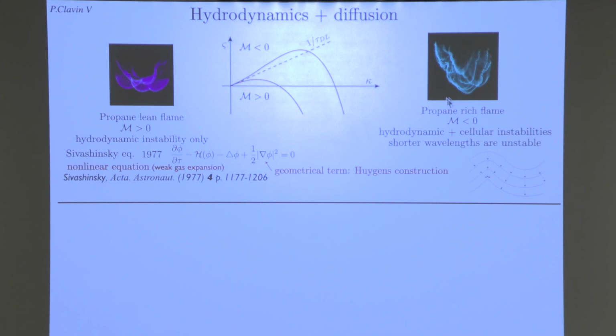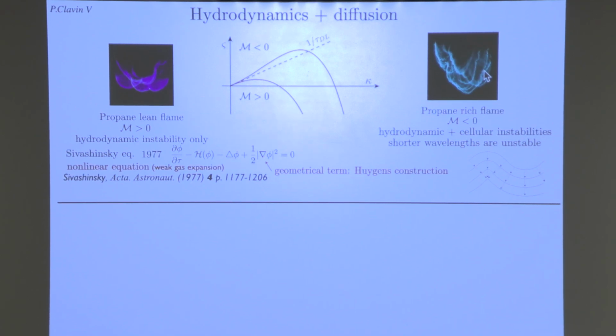And you see that you are superimposing this large cellular structure coming from hydrodynamics on the small structures that you have. You see a lot of small structures that are coming from the diffusion instability. So this is, let's say, an important result for flame dynamics.